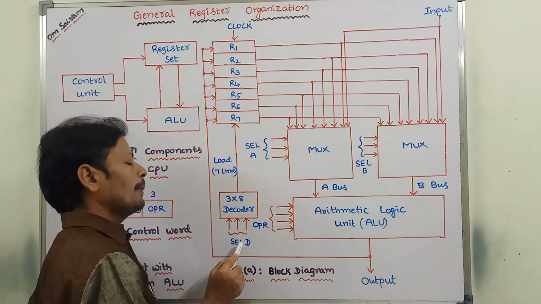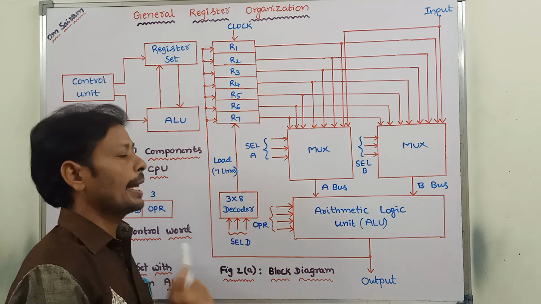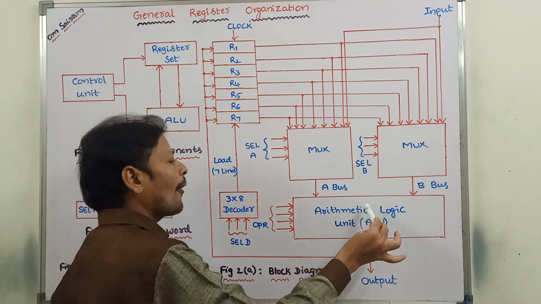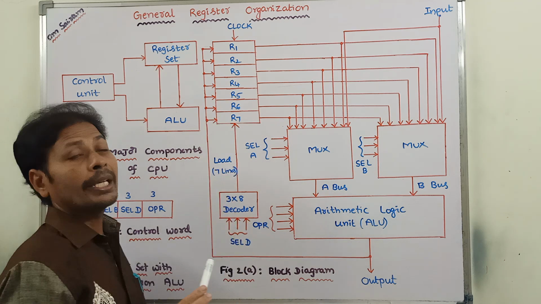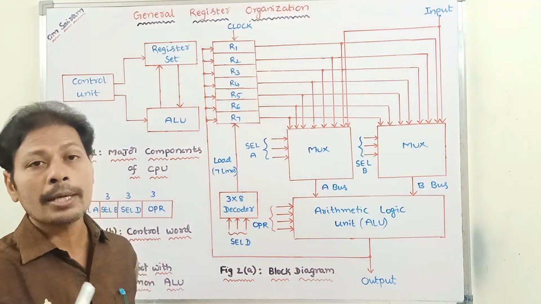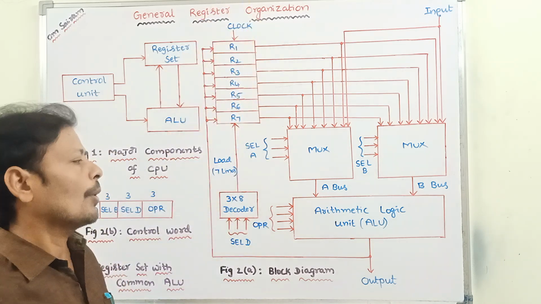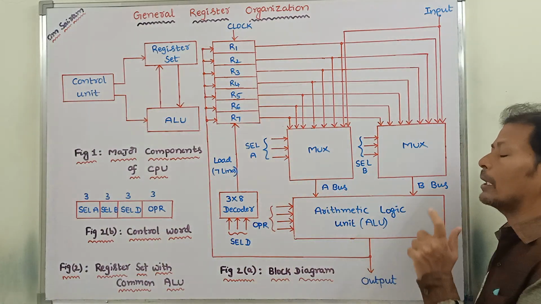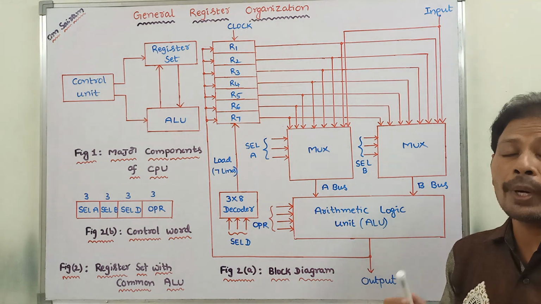Suppose the selection inputs of D are 111, then the R7 register is selected. The result of the operation is loaded into the R7 register by enabling the load input of the R7 register by applying the clock pulse.